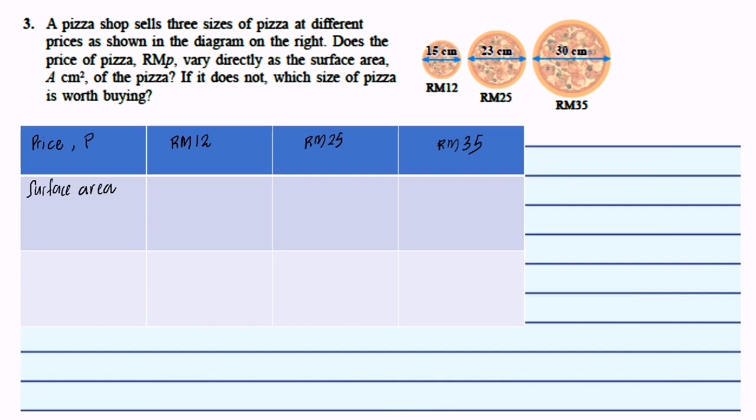Okay, the shape of the pizza is a circle, so we use the formula A equals pi r square. So the area of the first pizza is pi times 7.5 square, which equals 176.74.